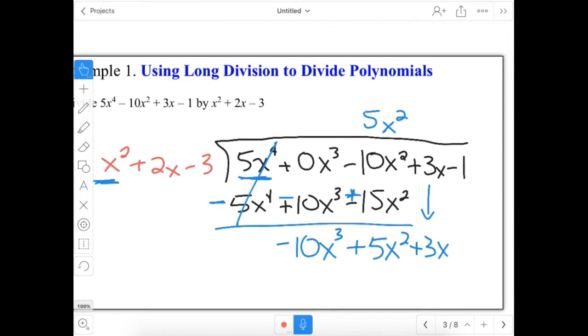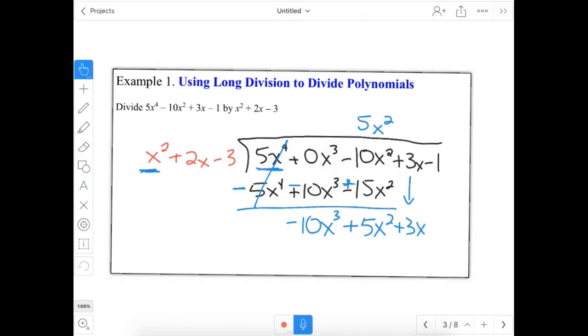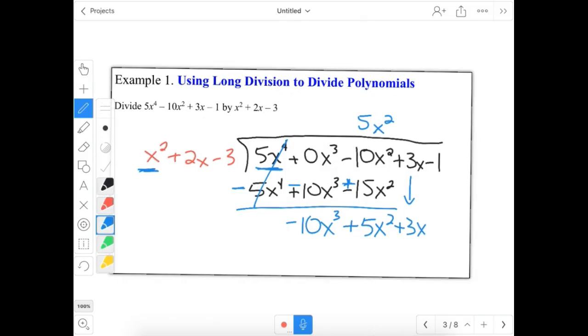So what we have to do from here is say, what would I need to multiply x squared by in order to get a negative 10x cubed? So we'd be missing a negative 10x. So that's going to go above our x terms. From here, let's multiply again. Negative 10x times x squared gives us negative 10x cubed.